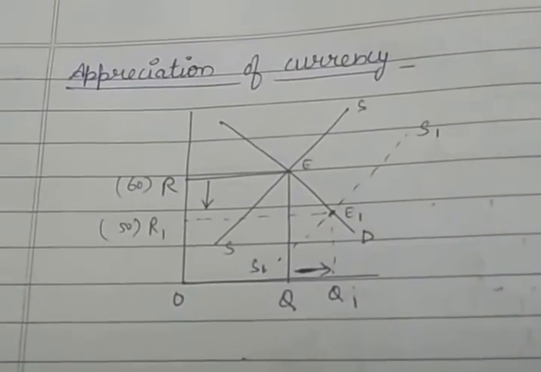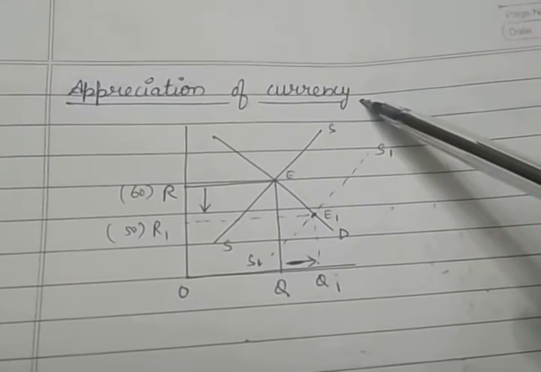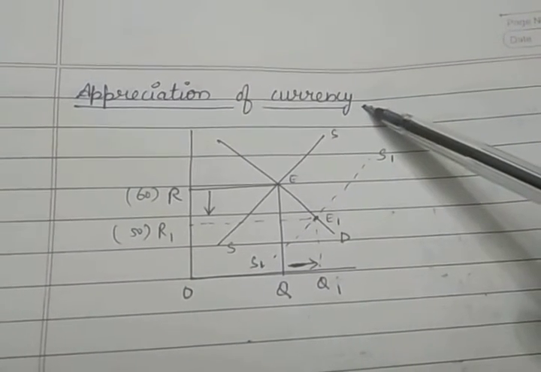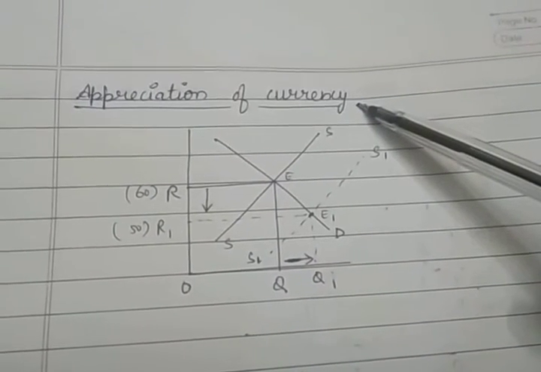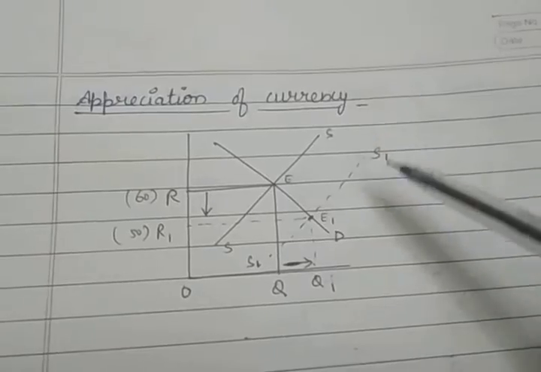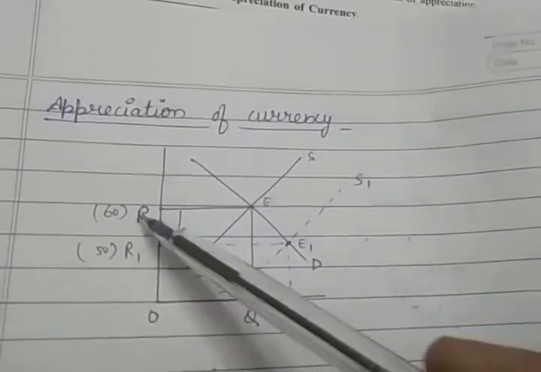Now the second situation is appreciation of Indian currency. That means, literal meaning, increase in supply of US dollar. Now just understand this situation. Suppose exchange rate is $1 equals 60 rupees.